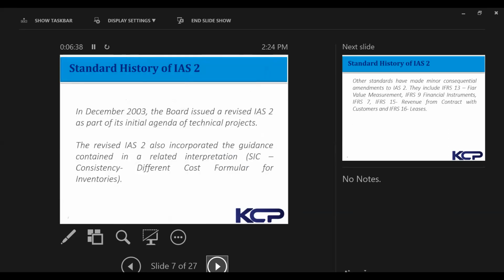So in December 2003, the board issued a revised IAS 2 as part of its initial agenda of technical projects. The revised IAS 2 also incorporated the guidance contained in a related interpretation. Can somebody remind us what we call SIC? Why was SIC there? What is the full meaning of SIC? Okay, that provides interpretation for what?